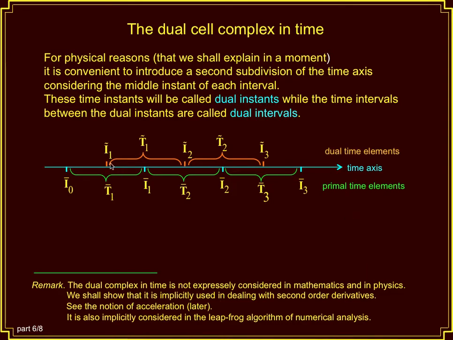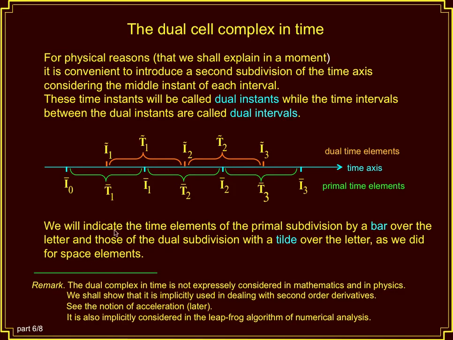Here you have the dual time intervals and the corresponding dual time instants. We will indicate the time elements of the primal subdivision by a bar, and those of the dual subdivision with a tilde over the letter, as we did for space elements.